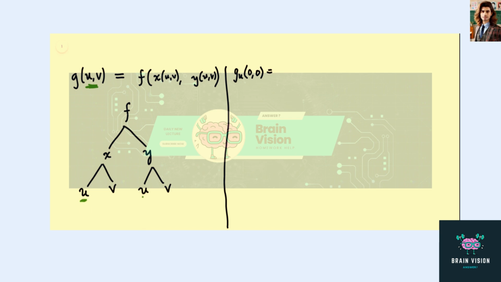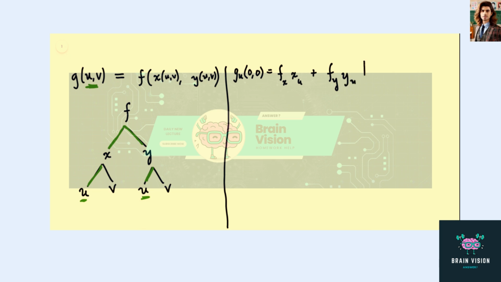I want to get down to the variable u. So if we go down the left branch, we get f partial x, and then we multiply by x partial u, plus, let's go down the other side, f partial y times y partial u.